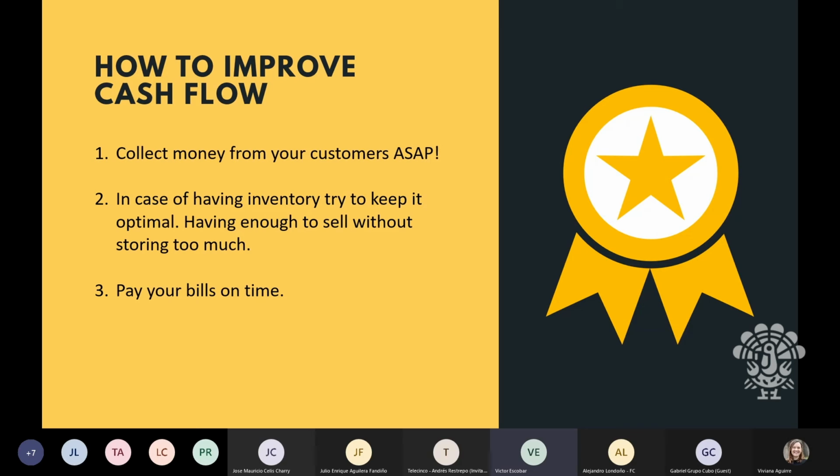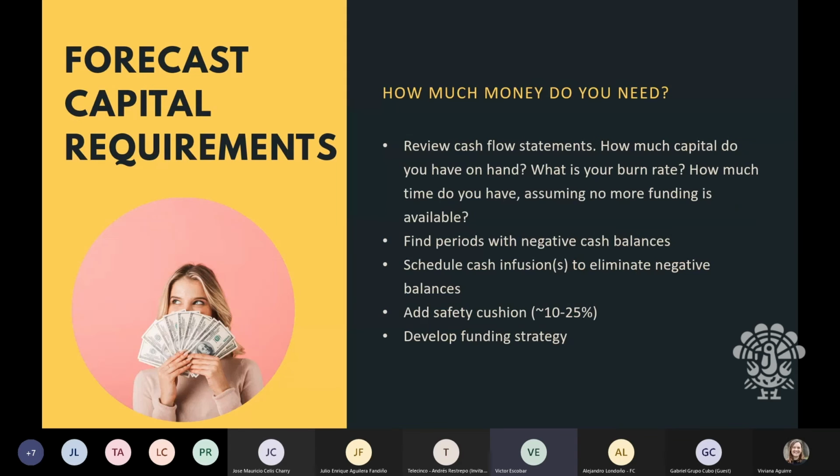Let's continue with the forecast capital requirements. And for this, everything is related with the subject that we have been talking about the whole time. In here, it's important to review and to plan, to check all the time. So how much money do you need? How much money do you need in your hand?